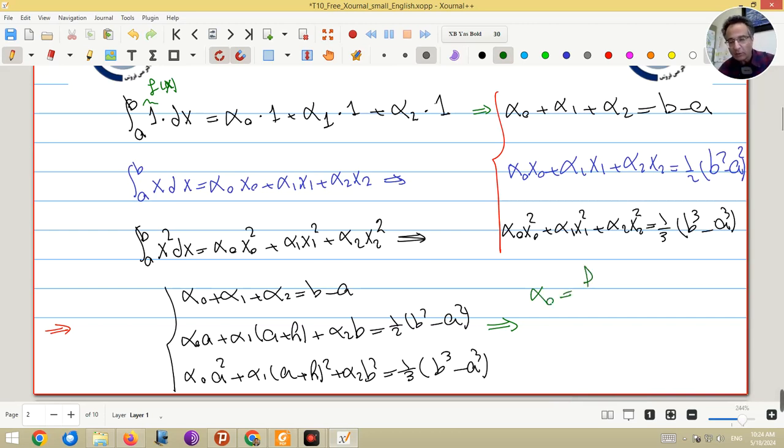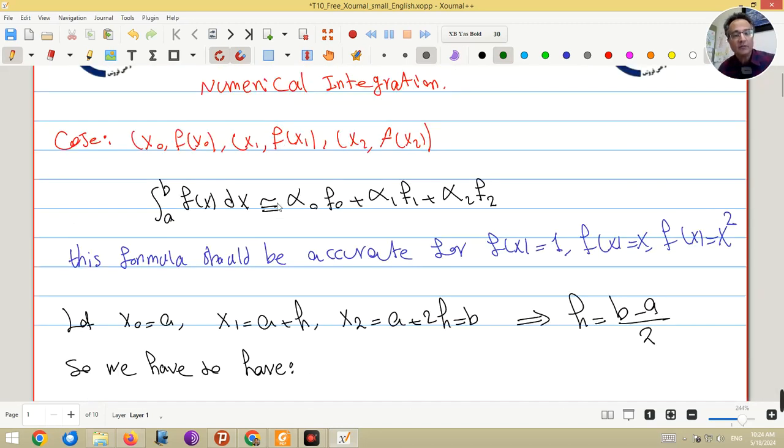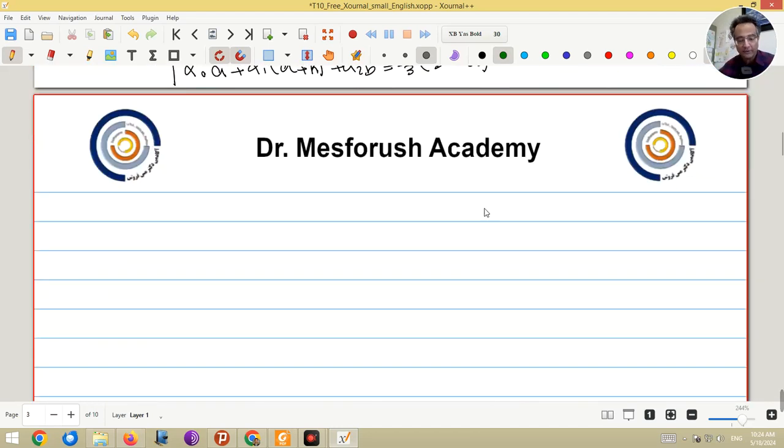Alpha 0 is equal to h over 3, alpha 1 is 4h over 3, and alpha 2 is equal to h over 3. So if you put these coefficients in this formula, you will get h over 3 times f0 plus 4 f1 plus f2 plus error, in fact.